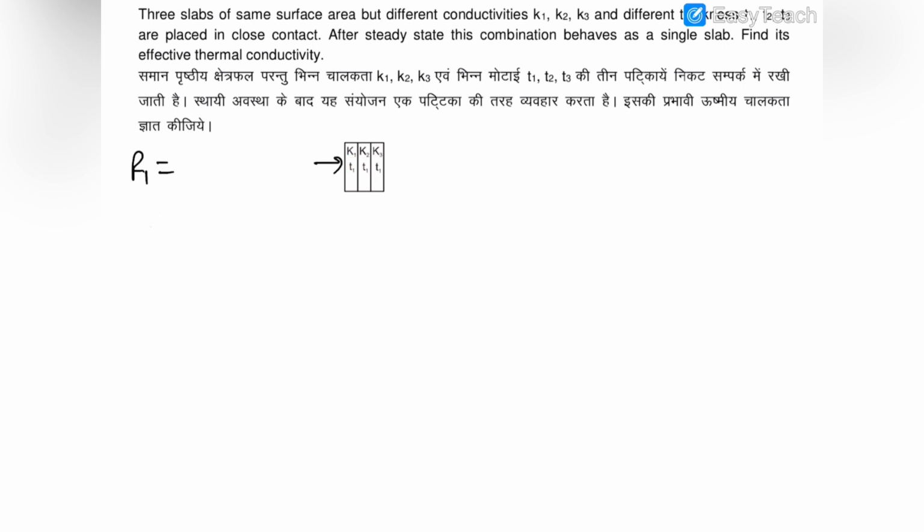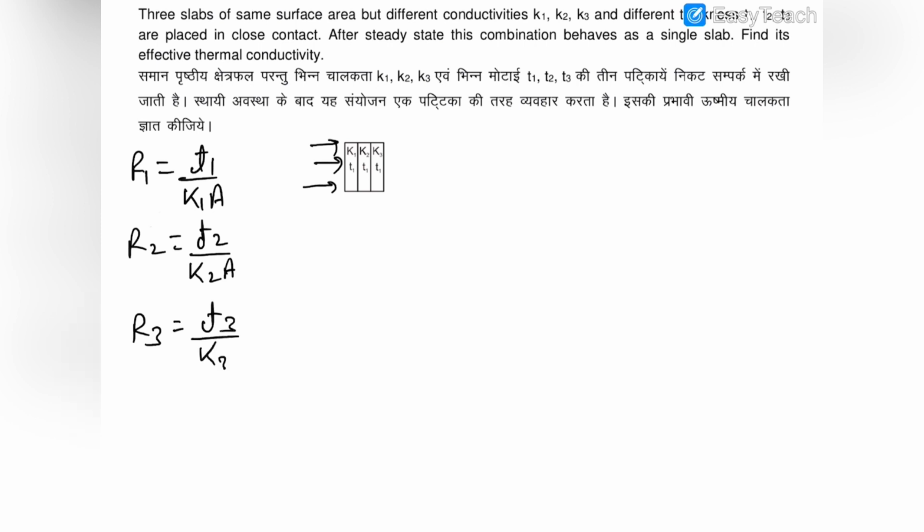So heat is traveling like that. Okay, so the length of this slab would be T1. So it is T1 by K1A, R2 will be T2 by K2A, and R3 will be T3 by K3A.